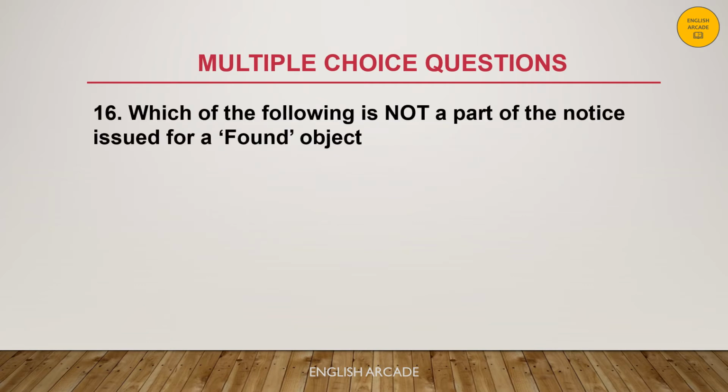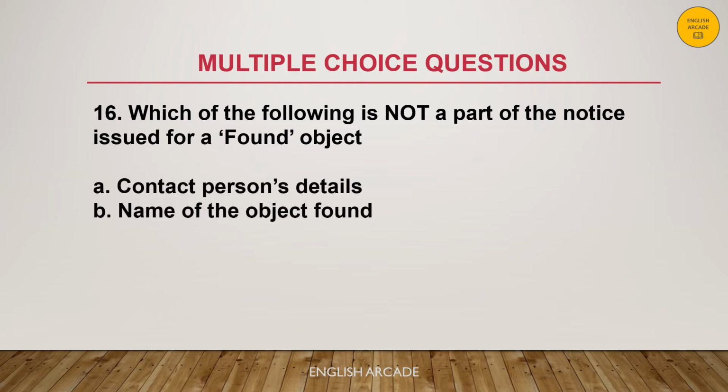Next question, question 16. Which of the following is not a part of a notice issued for a found object? So you know you have these lost and found notices, and we're talking specifically about a notice where we talk about an object which has been found. So which of the following is not a part of the notice issued for a found object? A. Contact person's details. B. Name of the object found. C. Place where the object was found.